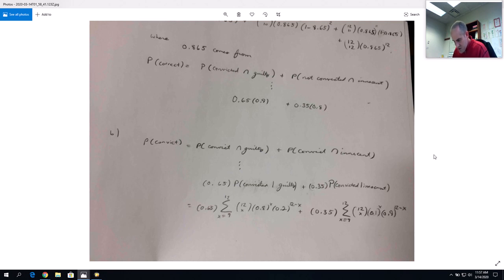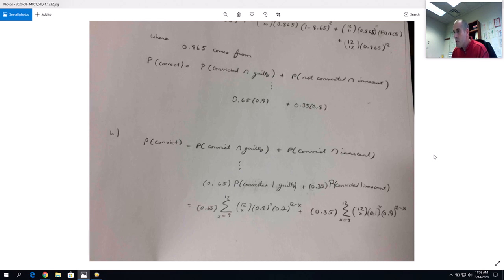Yeah, because it says, suppose also that the probability that a juror votes a guilty person, that is someone who is actually guilty, to be innocent is 0.2. So the probability that the juror will vote a guilty person to be guilty will happen 80% of the time.